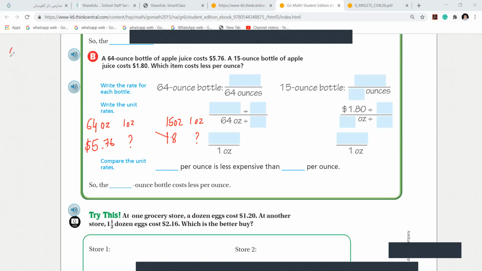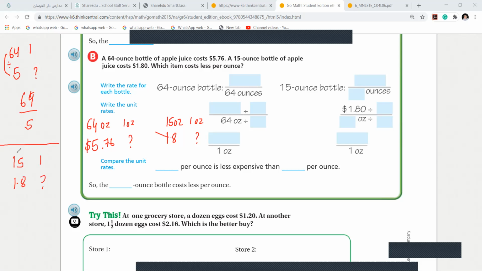Let us solve the first one. 64. What did I say to you? Yes, Lean. Yes, Malak. Mateen, what do you have to do on this side? Divide or multiply? You need to divide 5.76 by 64. And next, you have 15 and 1.8. For 1, how much?